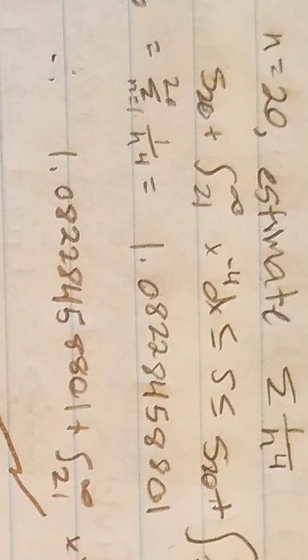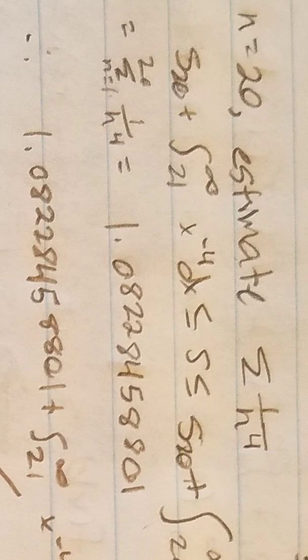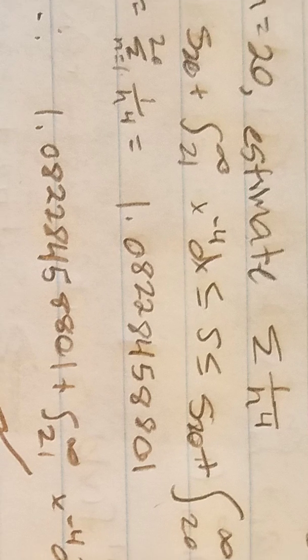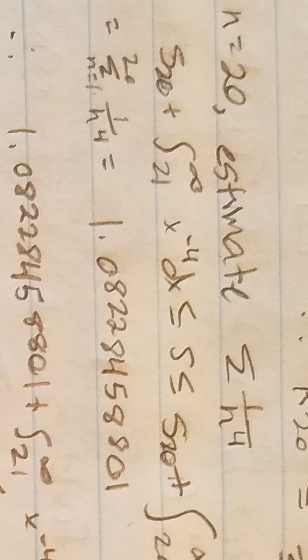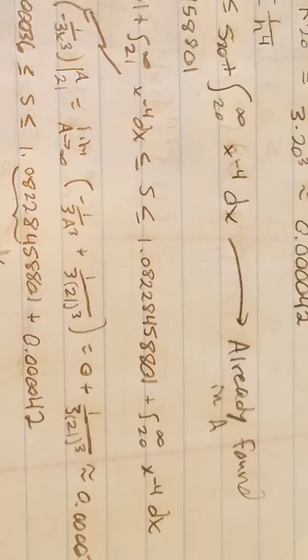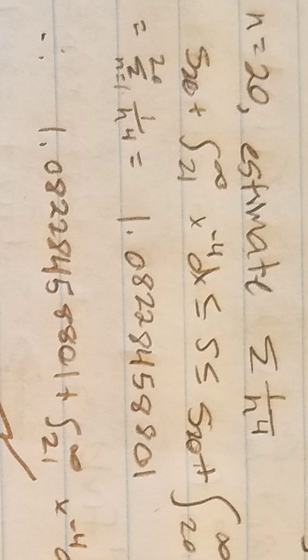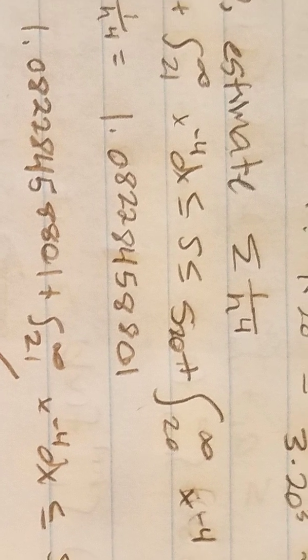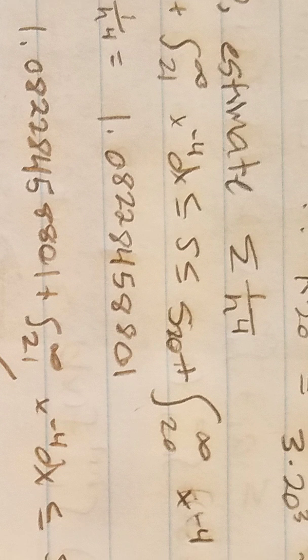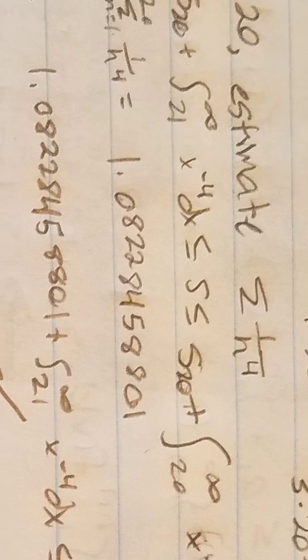It's the same thing as the remainder, except you're adding s sub 20 to both sides. So the sum is greater than s sub 20 plus the integral from 21 to infinity of x to the negative 4 dx, and it's less than s sub 20 plus the integral from 20 to infinity of x to the negative 4 dx.